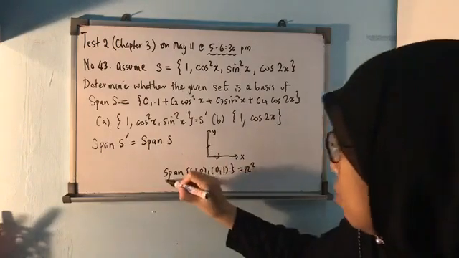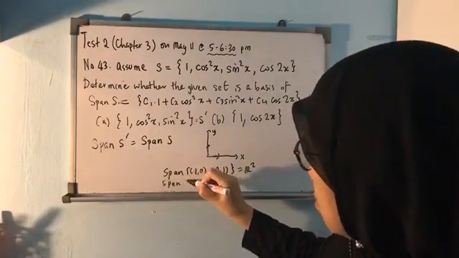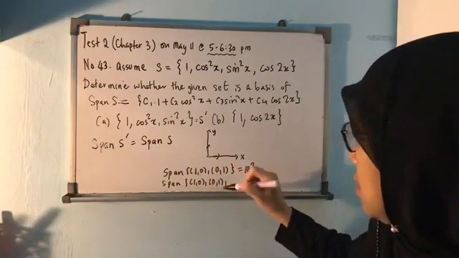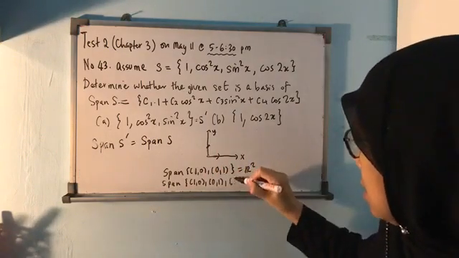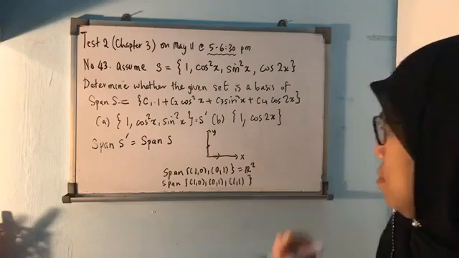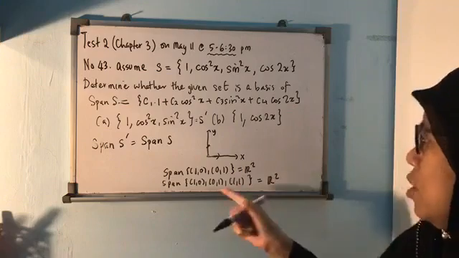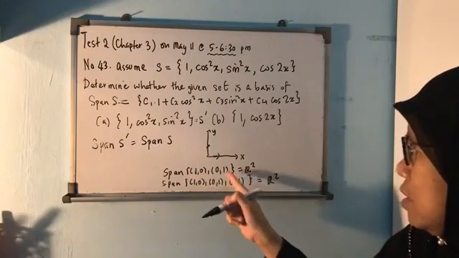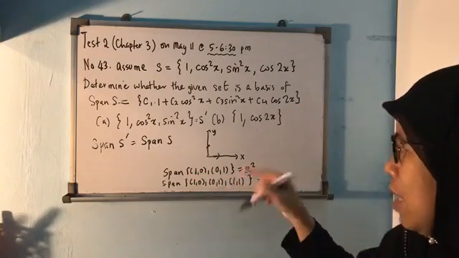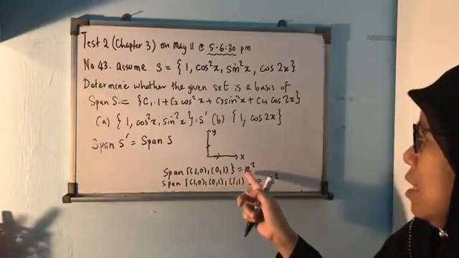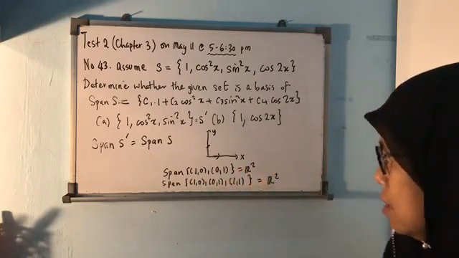If you add one more, I think we did this example in class, the span of this is also R2. You don't need one more because this already spans R2. When you add more, it still spans R2. This is the biggest.